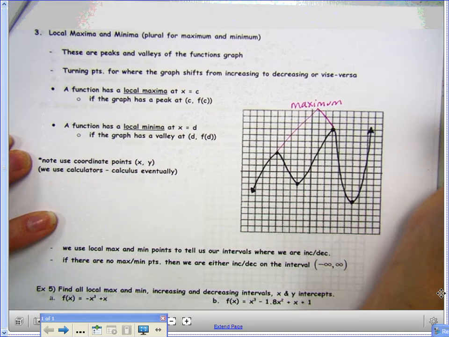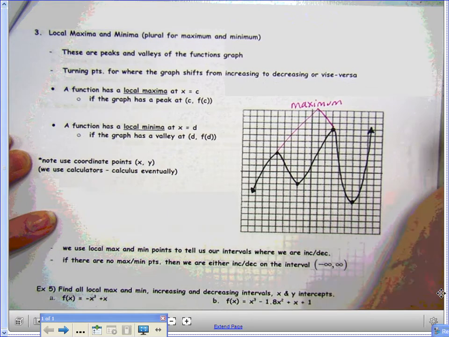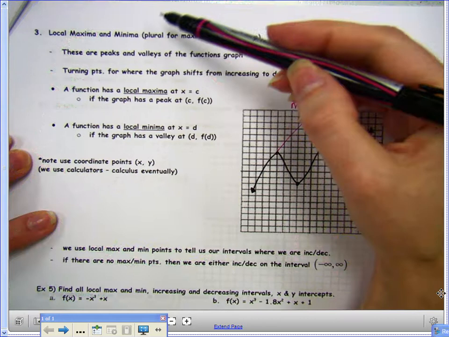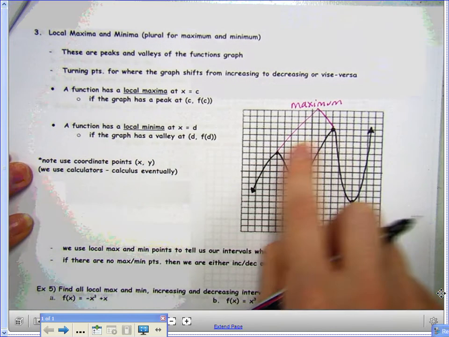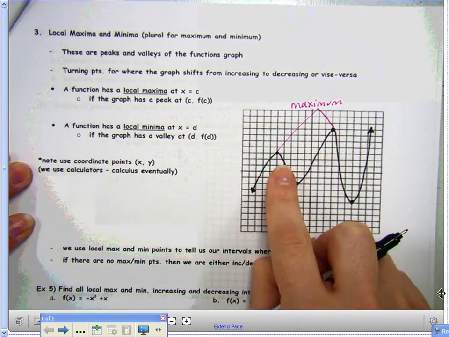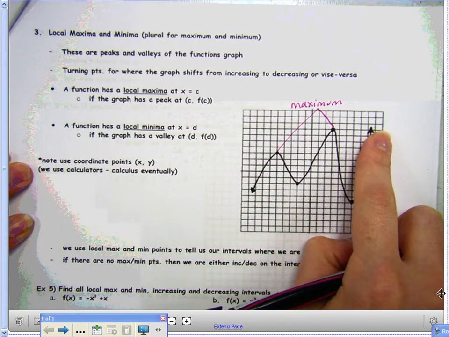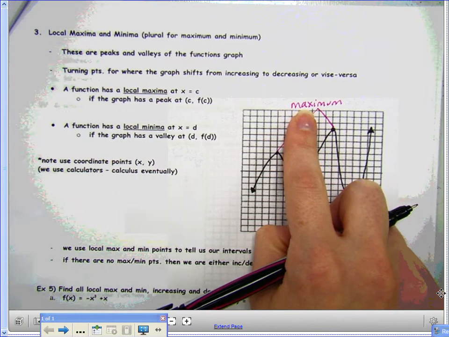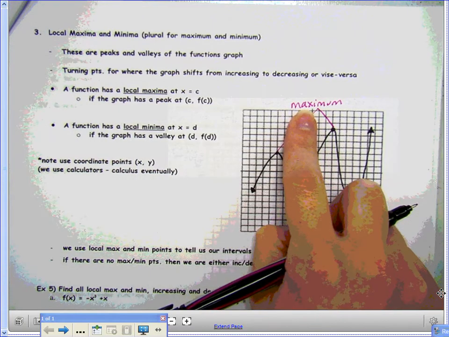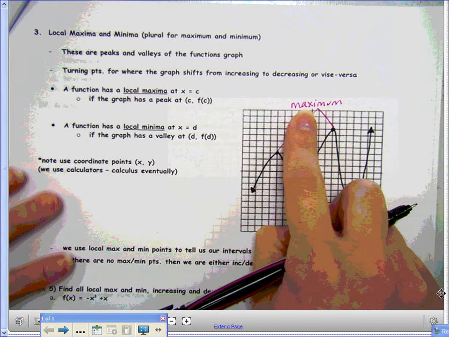And maxima and minima are just the plural of maximum and minimum points. So are these the actual highest points on my graph? No, because my graph's going to infinity. So we don't actually call these absolute maximum points; we call them relative maximum, or sometimes people use local maximum or minimum.